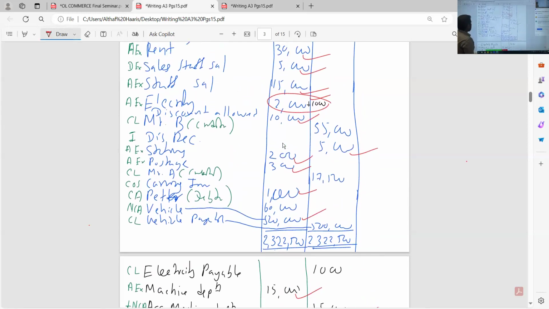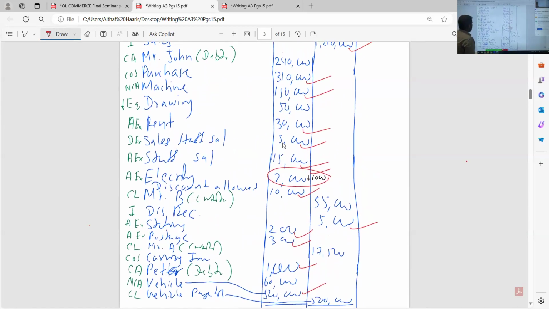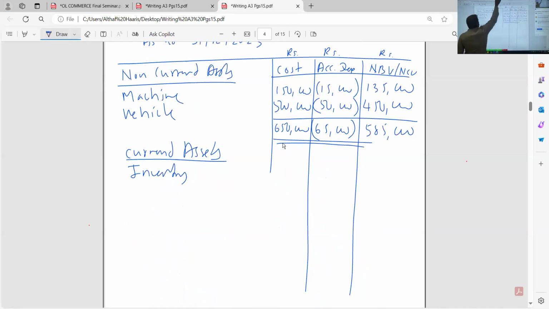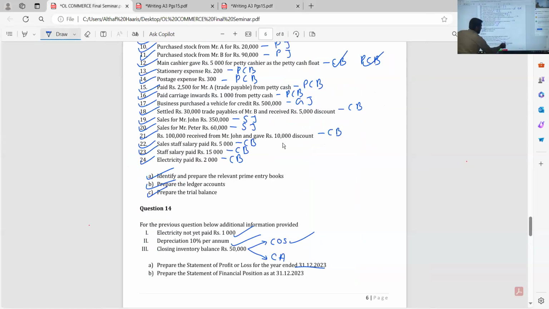We have Peter and we have John. Then cash, petty cash. So inventory, people, 50,000. 2 ticks are done, na? Done. 50,000.